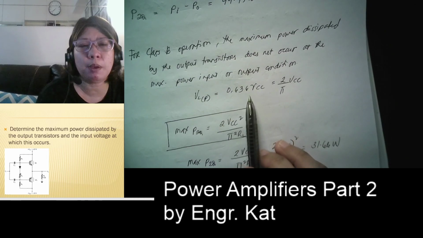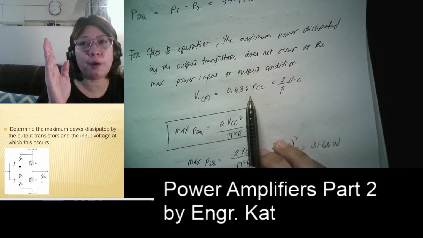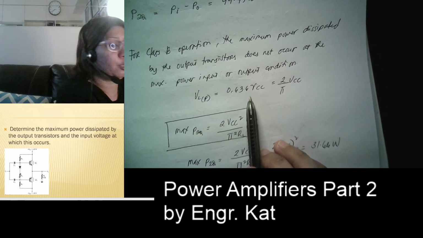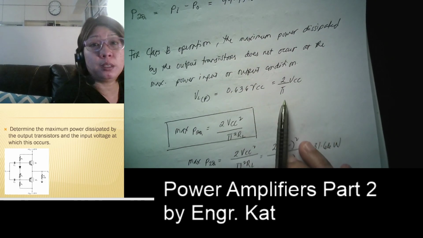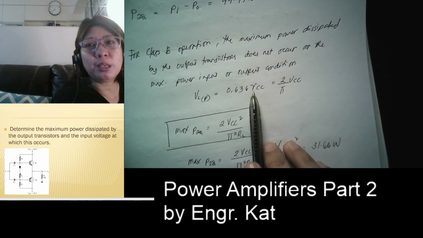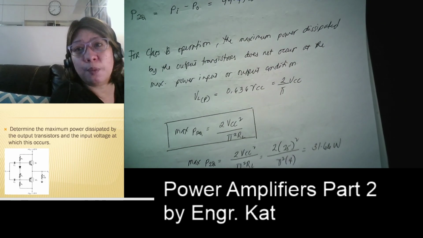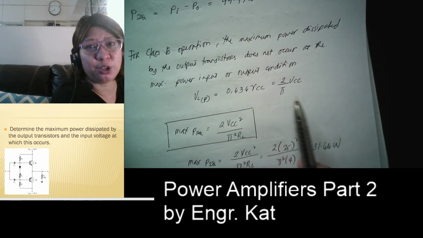If you're going to remember this, since you are operating full wave, you have two transistors operating push-pull with each other. So this is equivalent to 2 VCC divided by pi. The 0.636, if you can still remember, is the DC voltage that was developed in a full wave rectifier circuit.